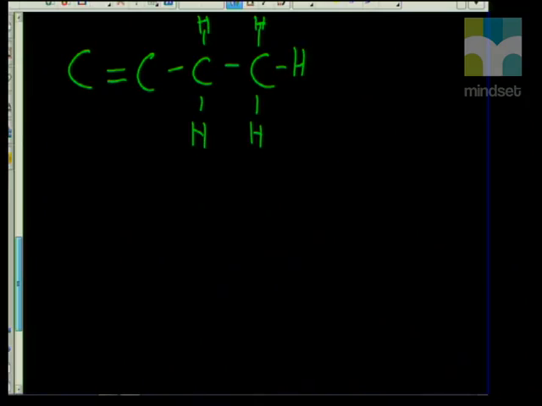There's the structural formula. Now, there are 3 bonds there. There's only place for 1 more, and we're going to put the 1 down at the bottom. So along comes hydrogen chloride, hydrogen and chlorine.